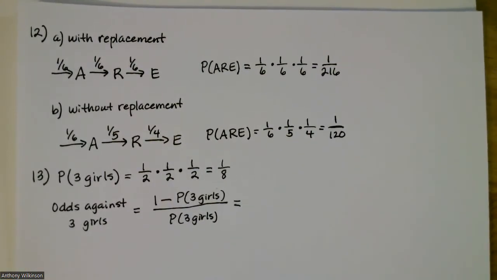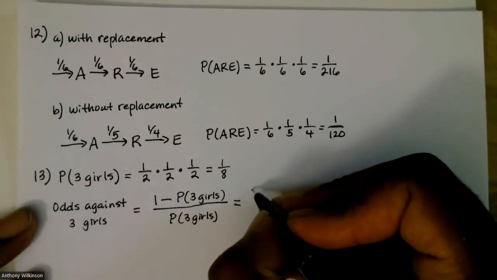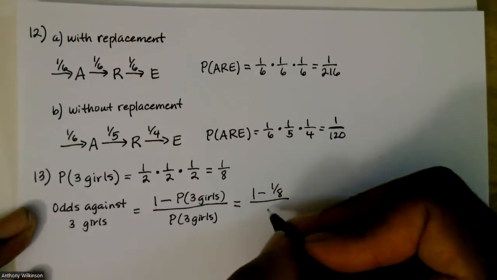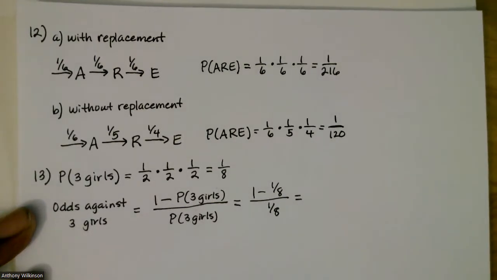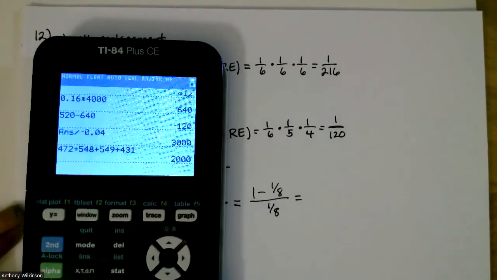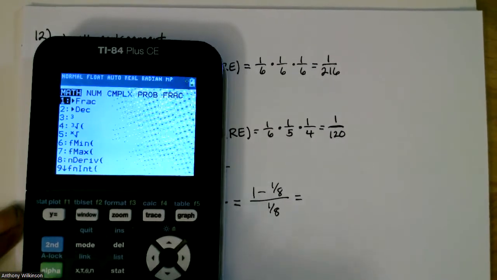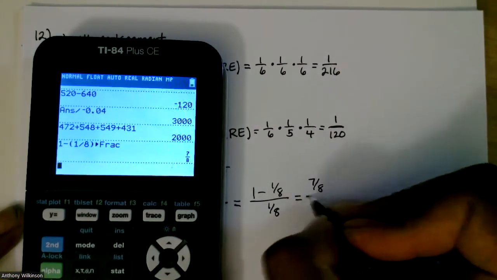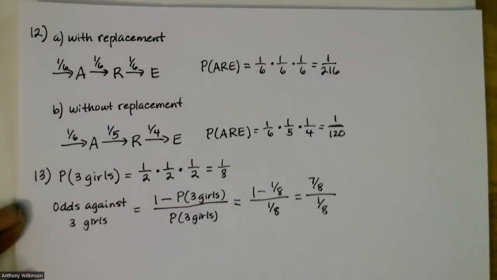1 minus the probability of event A, divided by the probability of event A. So now we're going to have 1 minus 1/8, that's the numerator, divided by the probability of 3 girls, that's also 1/8. If you do this on the calculator, 1 minus 1 divided by 8, and then hit the math key, select number 1 for fraction, that'd be 7/8 divided by 1/8. I understand I'm kind of cheating here.